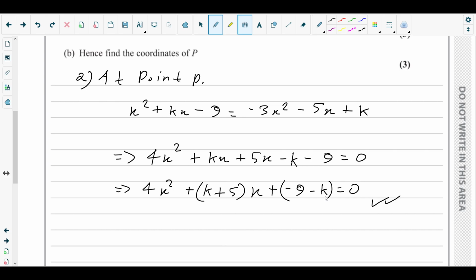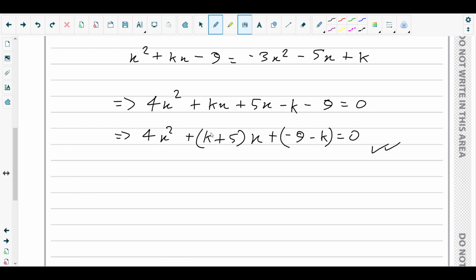Here they said the two curves meet at a single point. That means this equation has only one solution. So consider the discriminant. For one solution, we know that b squared minus 4ac equals 0. Fine. So what is b here?